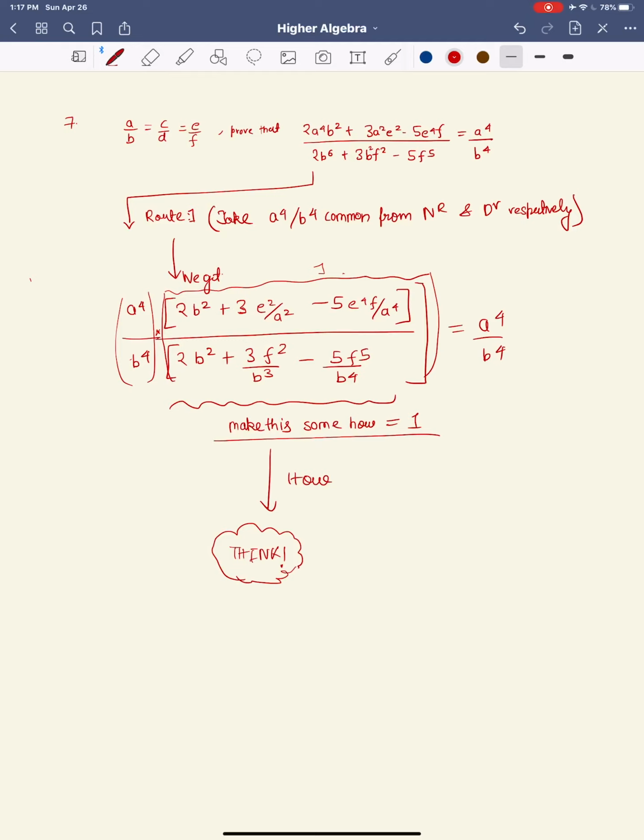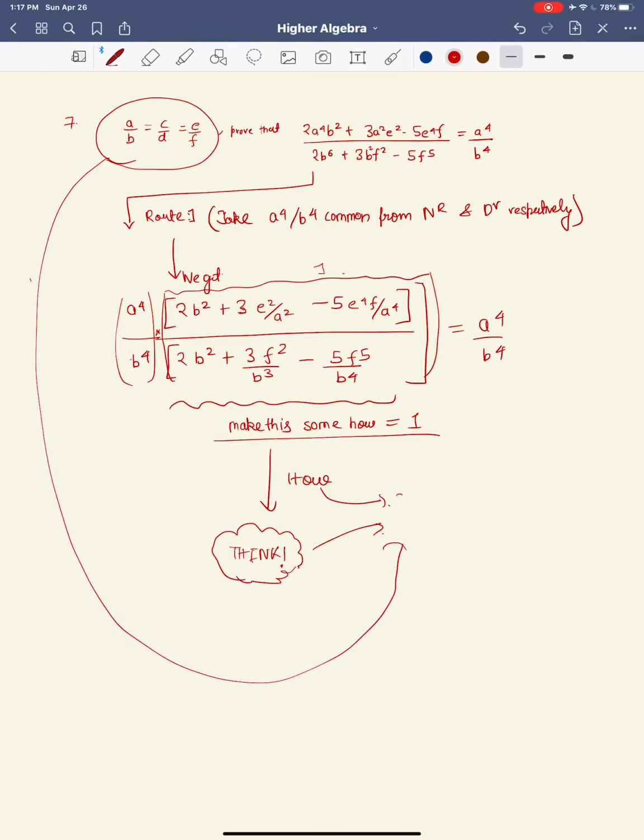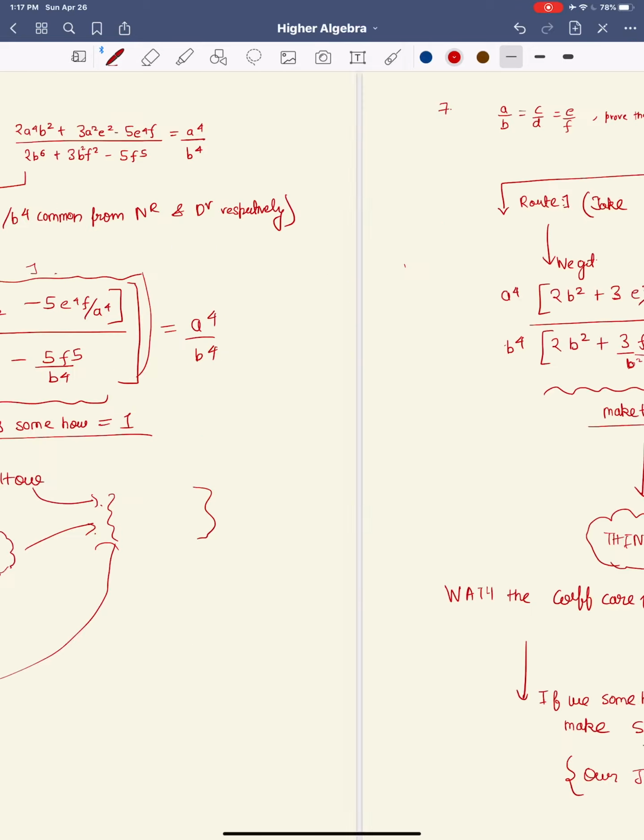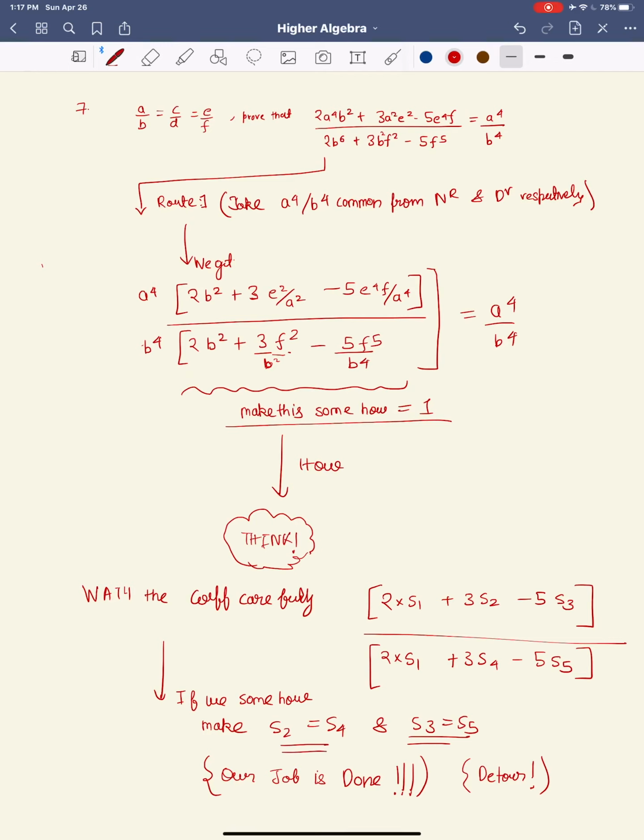So how to make this? To answer how, we see that we haven't used this information yet. So somehow use this and arrive at the right hand side. To simplify the expression on the left hand side, we have to think about the coefficients.